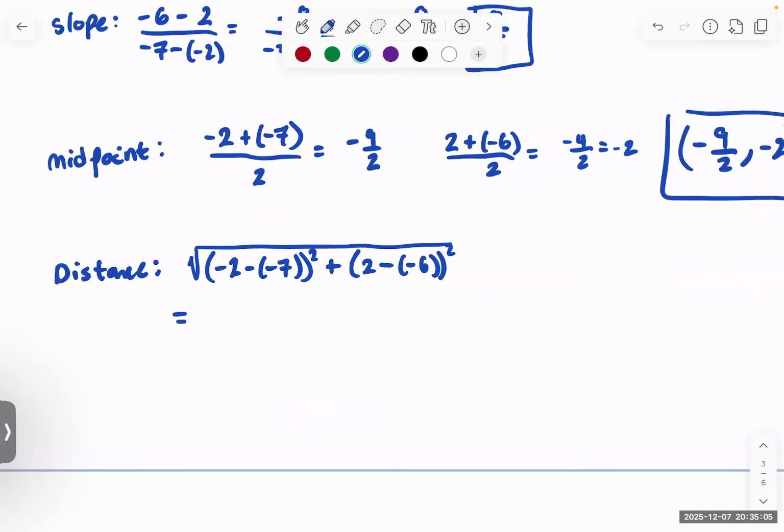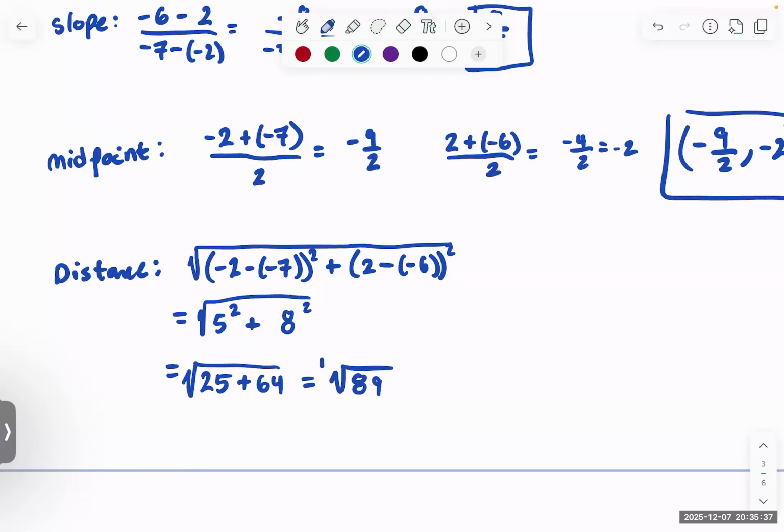So this is equal to 5 squared plus 8 squared, all under the radical, which is equal to 25 plus 64, which is equal to the square root of 89.